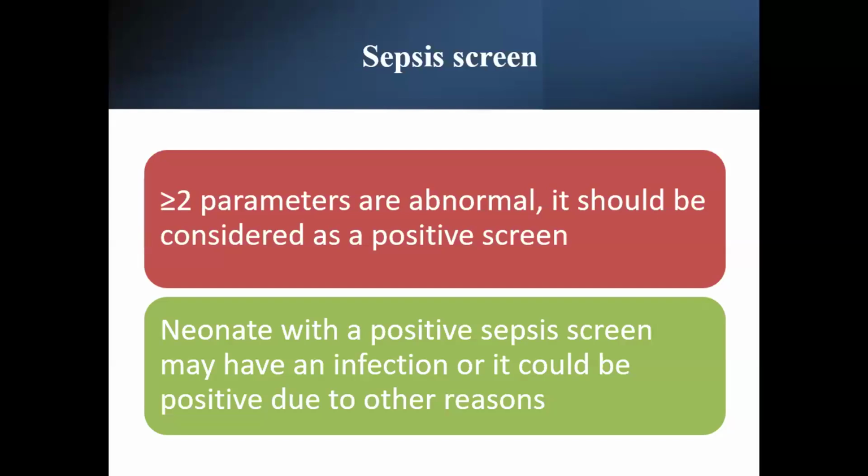Only send blood culture and start antibiotics. There is also no routine usage of serial CRPs, which are commonly used in neonatal ICUs to monitor infection, because it will unnecessarily increase the prick rate in the baby.